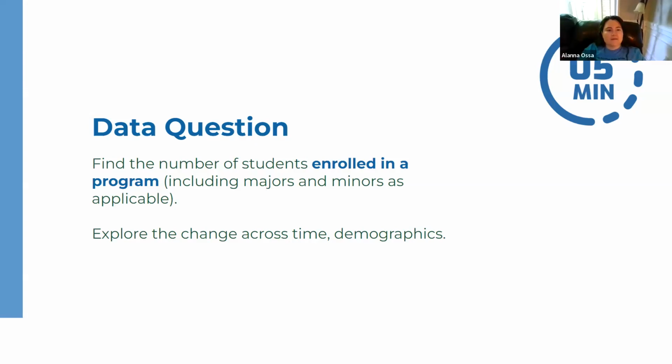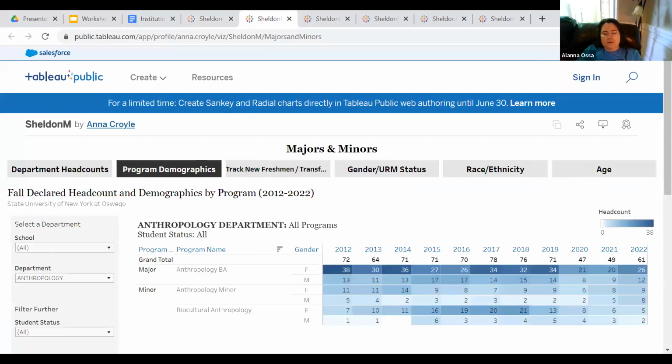I thought I was just looking at department and now I can't find it. So the top part, when you're looking at departments, majors and minors, those are credit hours.